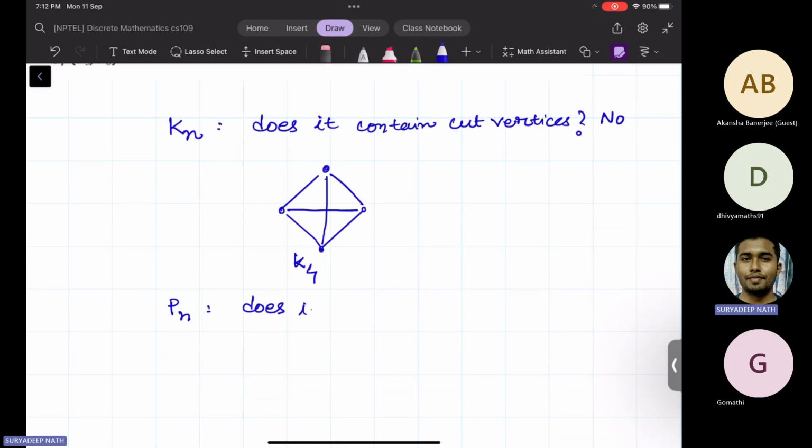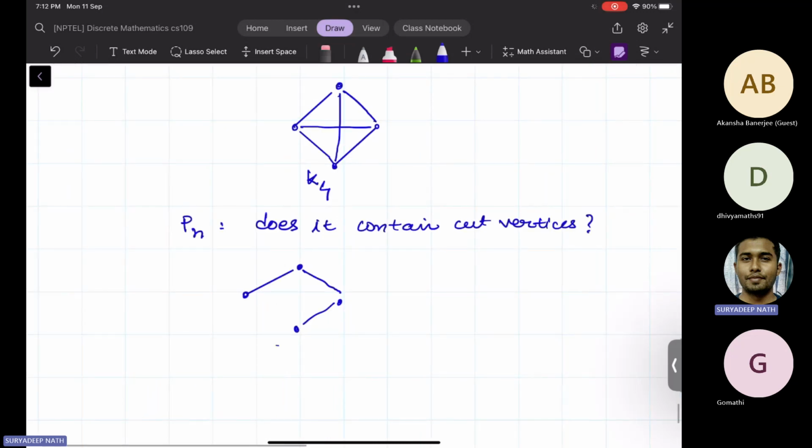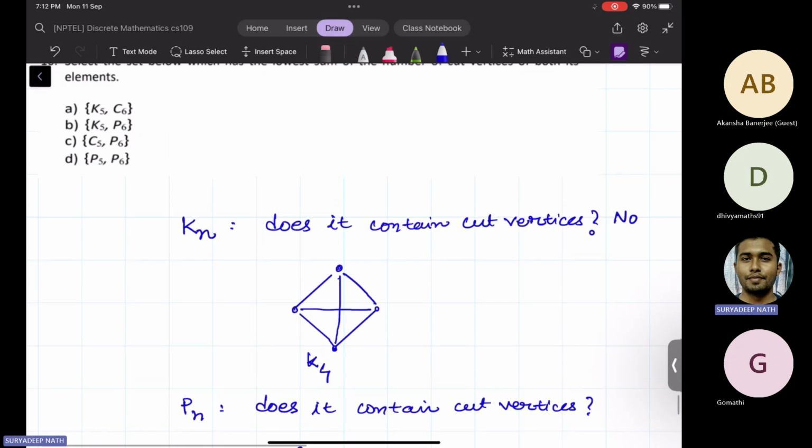What about Pn? Does it contain cut vertices? So I'll draw again 4. Let's say this is your path, P4. How many cut vertices are there in this graph?